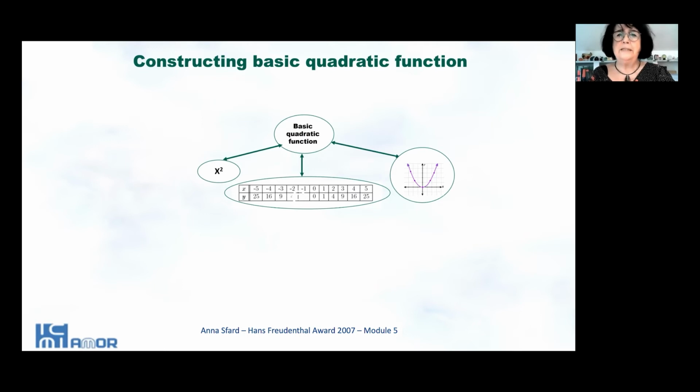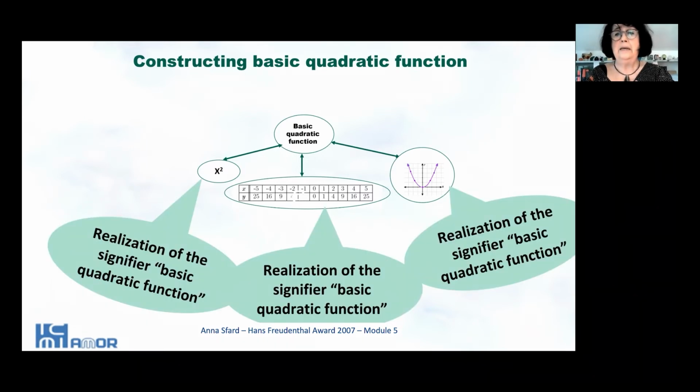What we call basic quadratic function is now a combination of signifiers with the three of them, x squared, the parabola, and the table, constituting realizations of the signifier basic quadratic function.